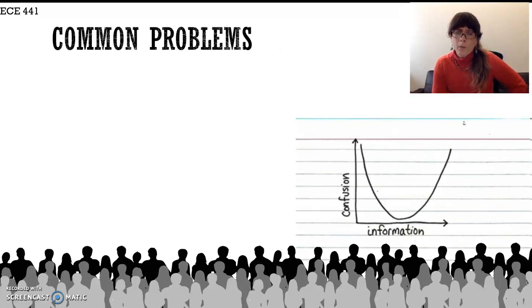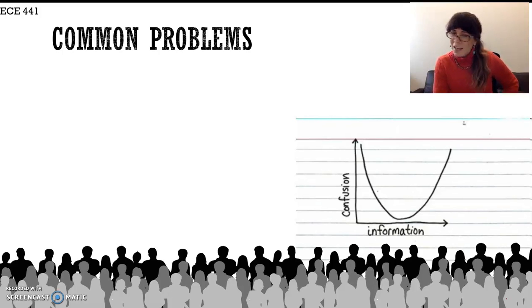So there are some common problems that we see as instructors and as stakeholders in your project, right? As far as context goes in your papers. I like this little graphic here on the bottom of your screen, and it's very simple, and it's just showing the graph shows confusion and information and the relationship between those two. I think this makes a lot of sense because, as you can see, when you have not enough information, that can be very confusing.